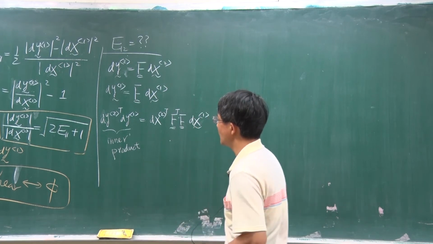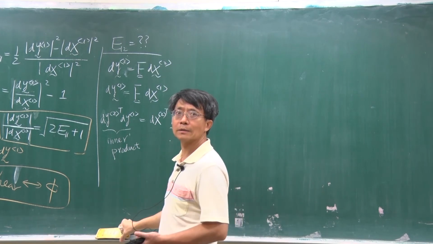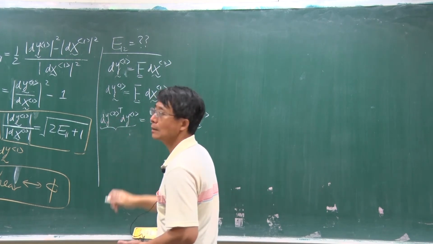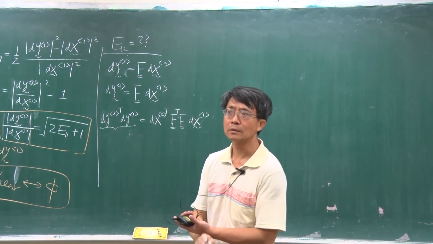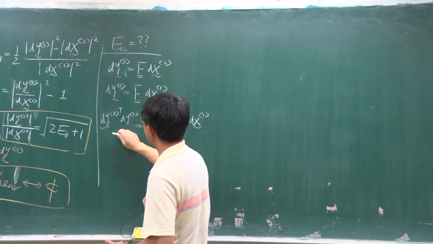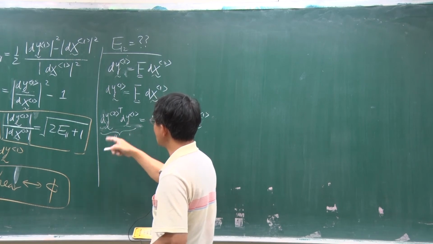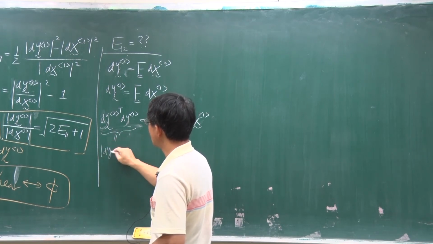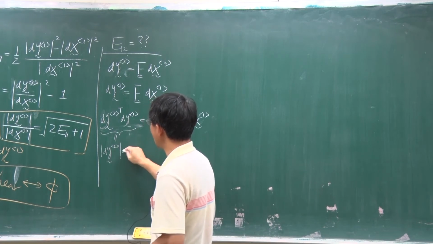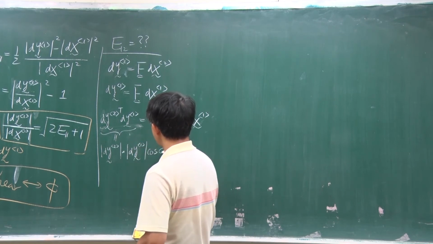This is the inner product of these two material lines. It can be expressed by the cosine theorem. The cosine theorem tells us that this is equal to the length of dy2 times the length of dy1 times cosine phi.